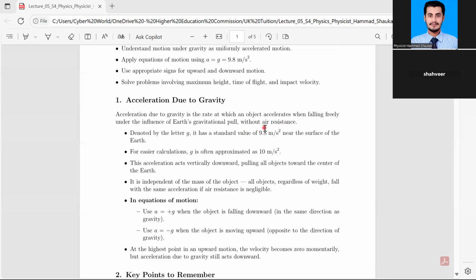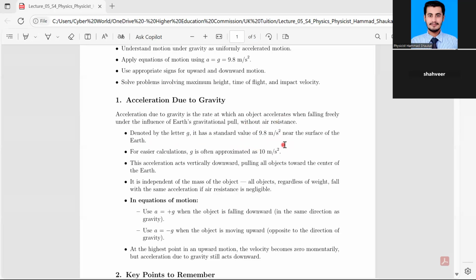As I mentioned before, acceleration due to gravity is denoted by small g, and the standard value of this gravitational acceleration is 9.8 meter per second square. This is the value of gravitational acceleration on Earth.